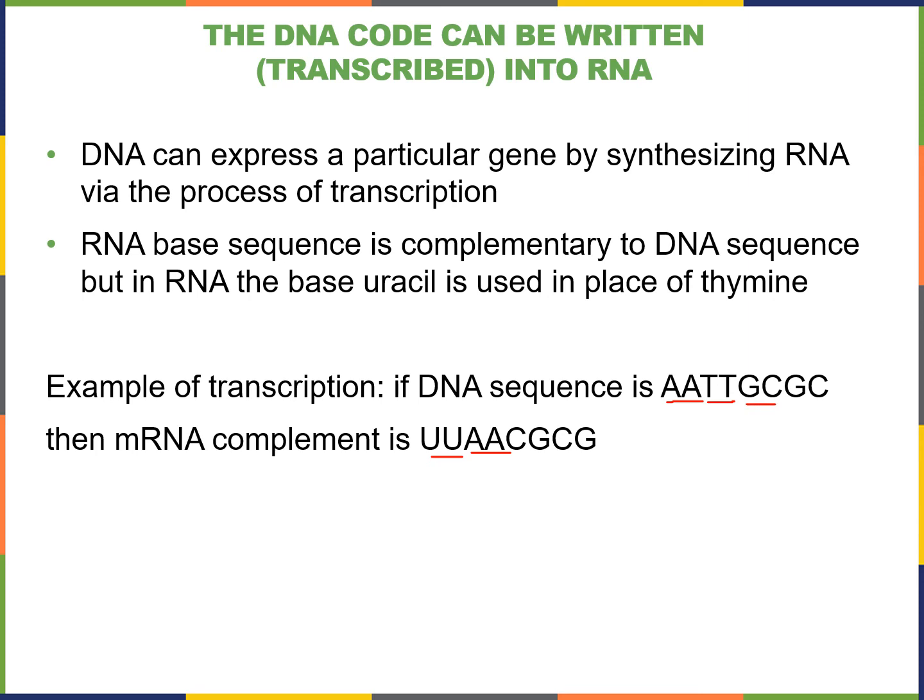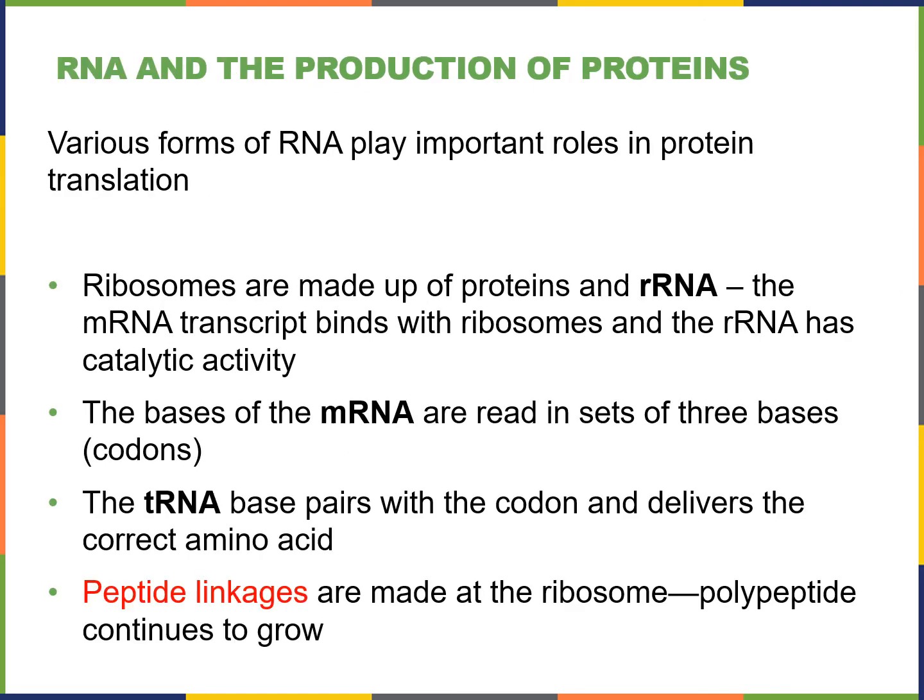G and C, its opposite, its complement, C and G, and so on. So it's the mirror image of the DNA strand. Messenger RNA is made. If it's in a eukaryotic cell, that messenger RNA will then travel out of the nucleus. If it's a prokaryotic cell, well, it's made and it's just there in the cell.